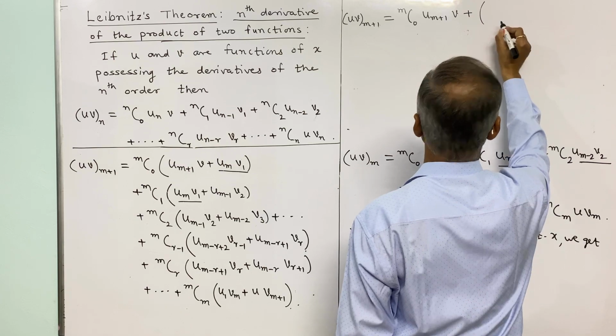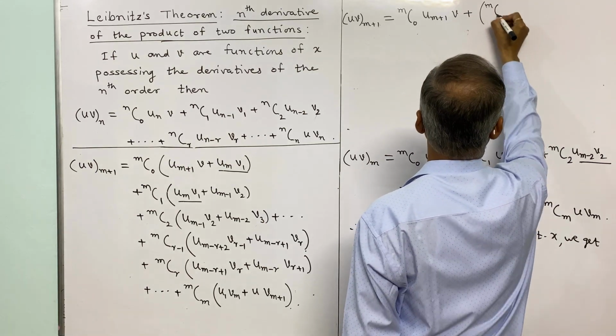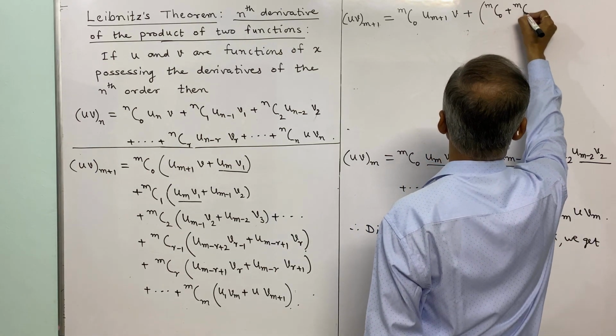So in bracket I shall write m choose 0 plus m choose 1.